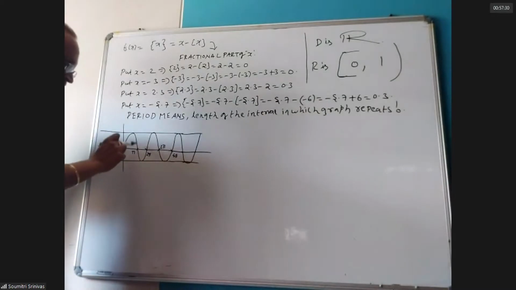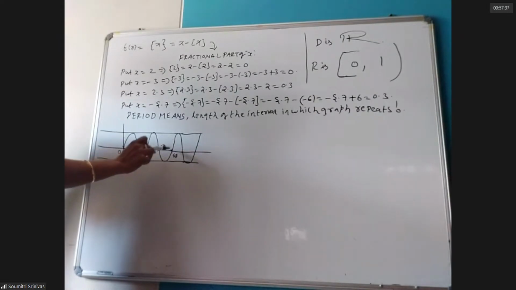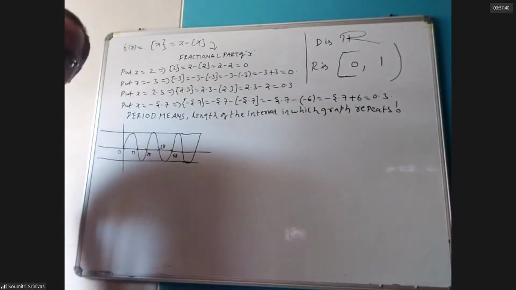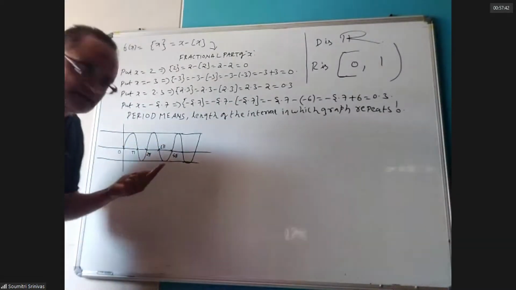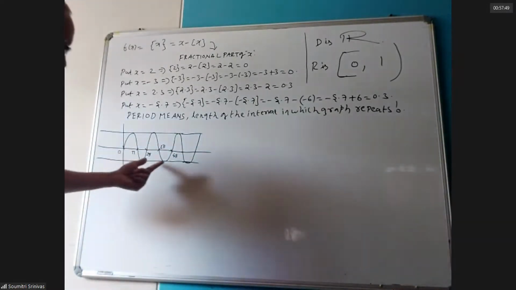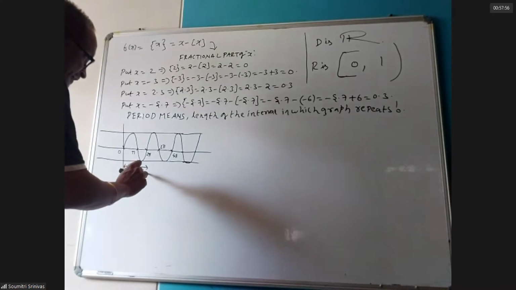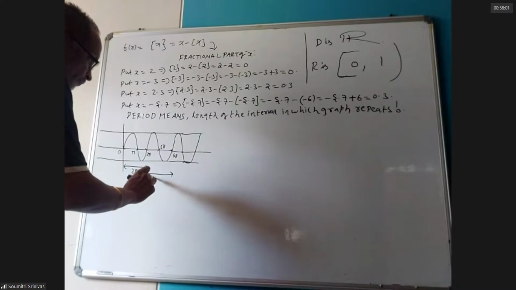Whatever graph you get here, are you getting the same graph everywhere? Yes. What is the length of the interval in which the graph is repeating? Upper limit minus lower limit: 2 pi minus 0, 2 pi. From here to here, what's the length? 2 pi. From here to here, upper limit minus lower limit, 4 pi minus 2 pi.